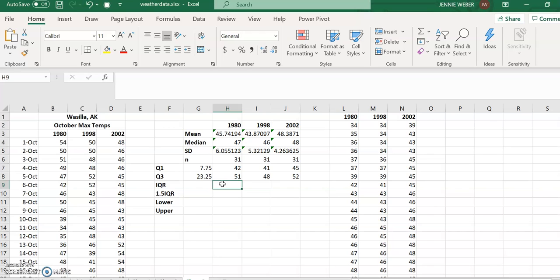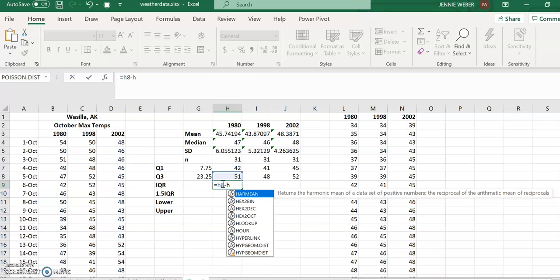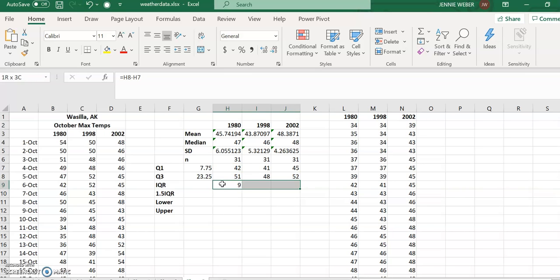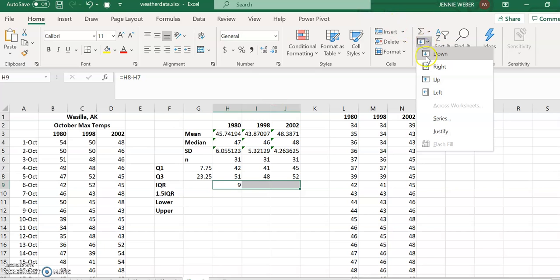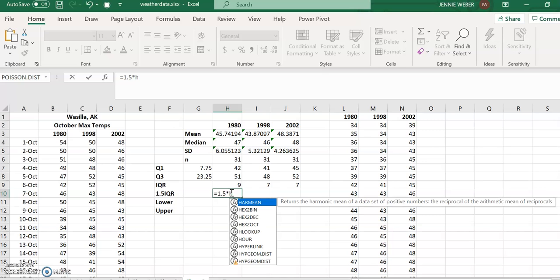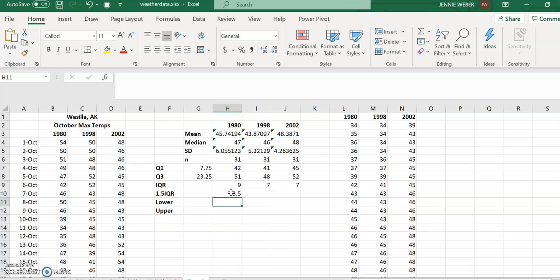I'm going to find my interquartile range, which is just simply the 2 quartiles subtracted. So H8 minus H7, Q3 minus Q1, the biggest minus the smallest. I'm going to pull those, right? Then I want 1.5 times this value, so H9, okay?